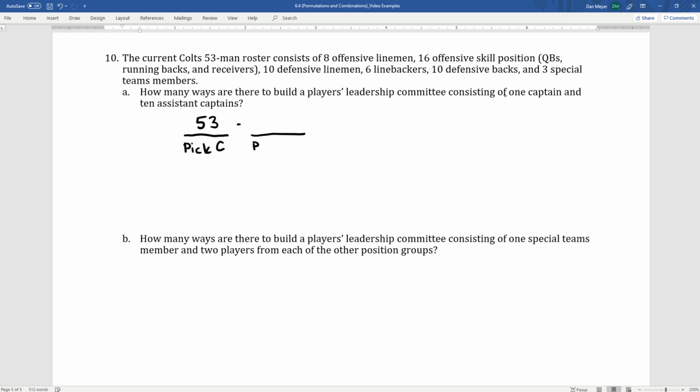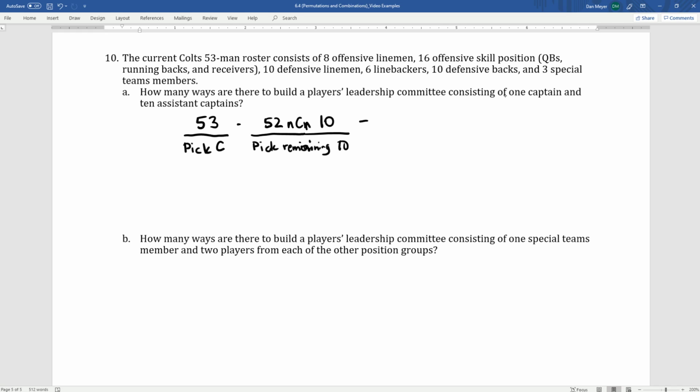And then we can pick the other 10 assistant captains. Now, once I pick my captain, there's only 52 guys left on the team. So that'd be 52 choose 10.